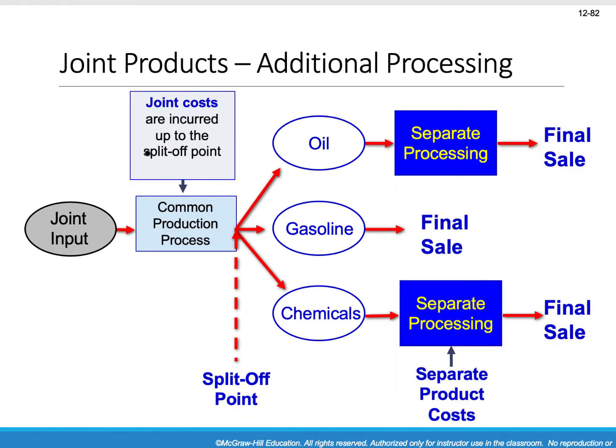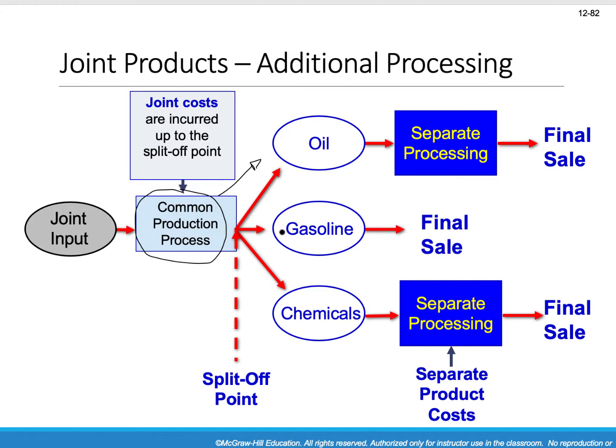One very important concept here is that the joint costs that are incurred up to the split off point are always included and they always carry forward. From the split off point, we could make oil, and in order to make oil, there's additional processing that has to go on.